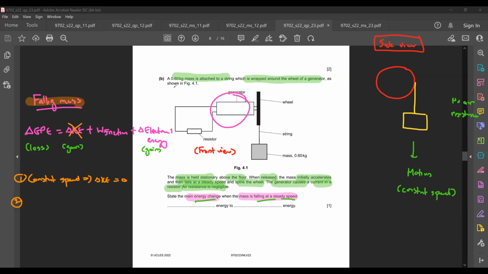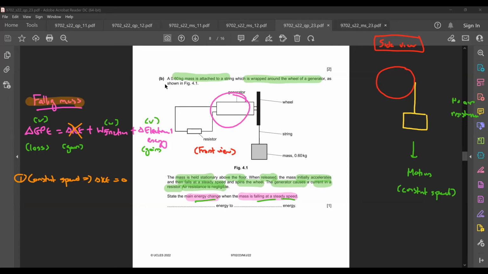Then after that, is there any other thing that needs to be changed here? There's actually nothing else to mention here. Your energy changes are mainly GPE, work done against friction, and electrical energy.